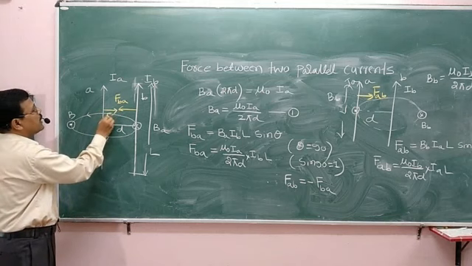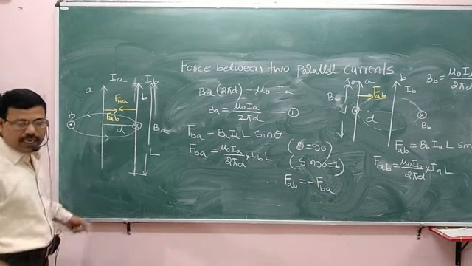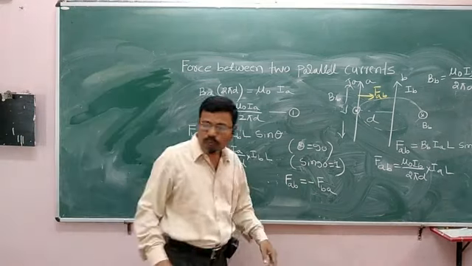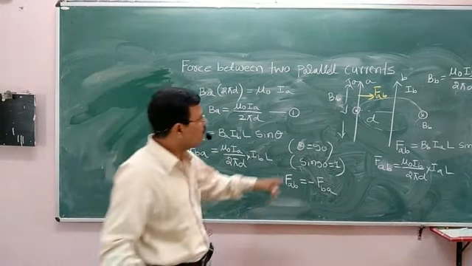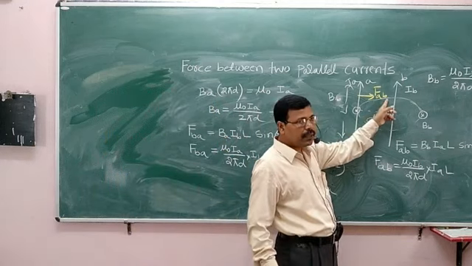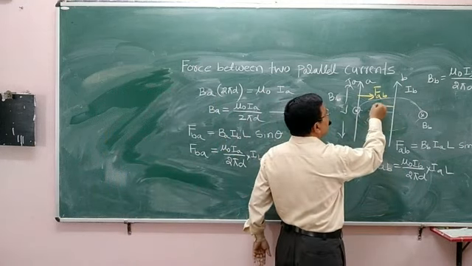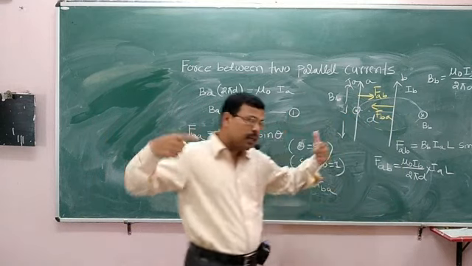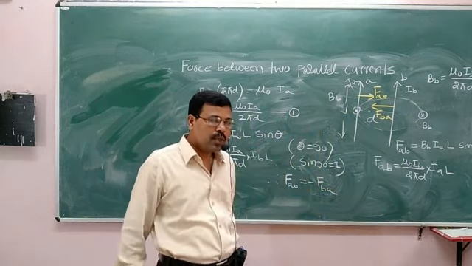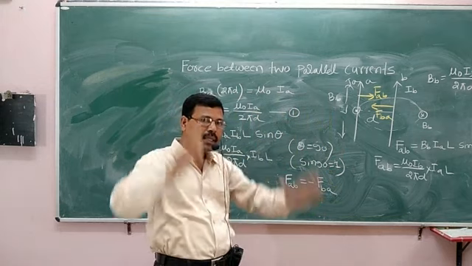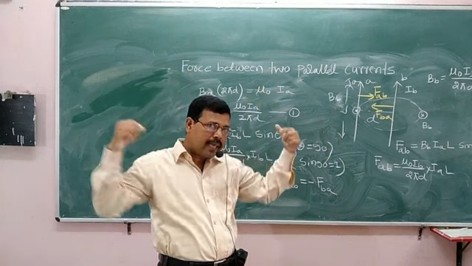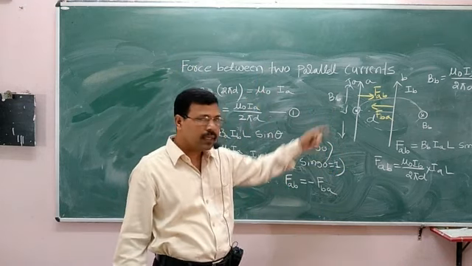This is force acting on A by B. They are equal and opposite. So, we can write that force acting on A by B and force acting on B by A are equal and opposite. So, whenever two conductors carry current in the same direction, they attract each other.